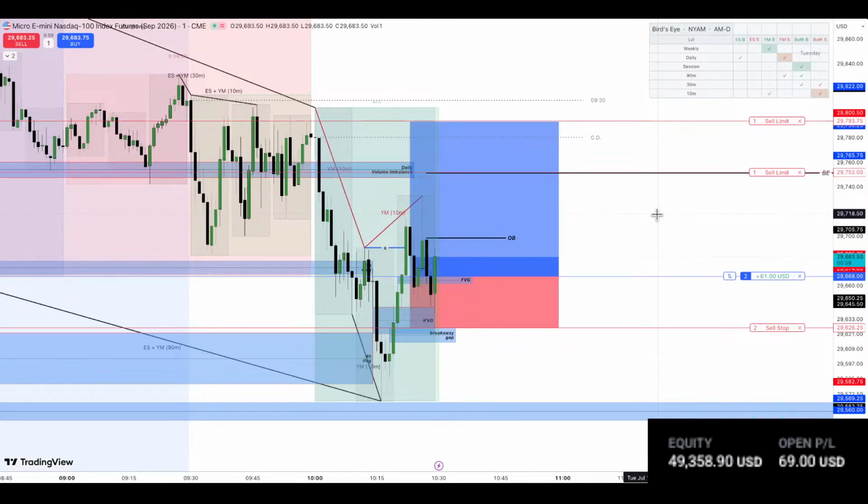There's a bunch of SMTs forming around, so this is also concerning, you know. But we're already here, so we have to commit.